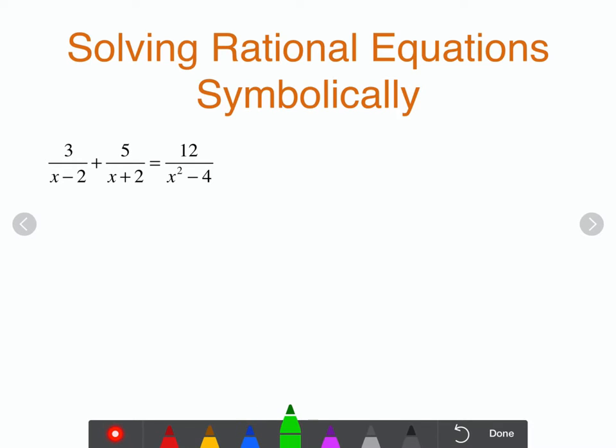Okay, let's try this next one. I have 3 over x minus 2 plus 5 over x plus 2 equals 12 over x squared minus 4. So my LCD here is x plus 2 times x minus 2.